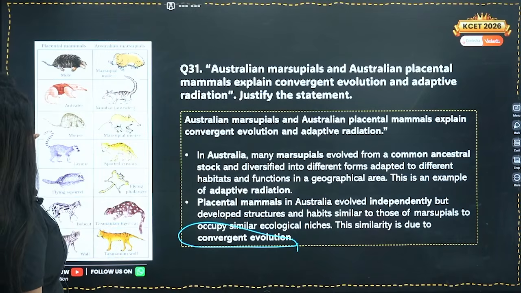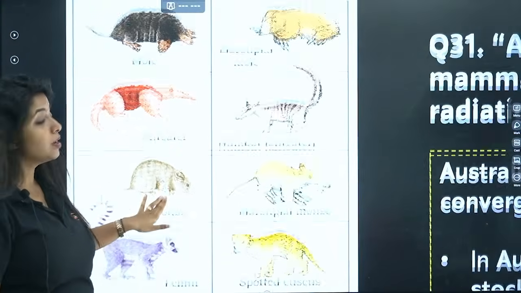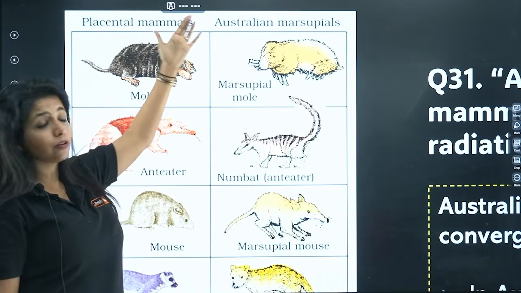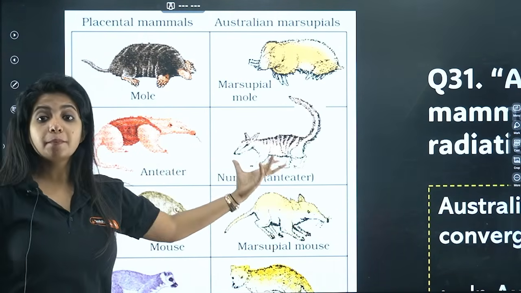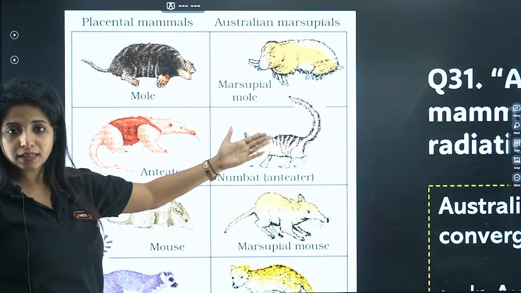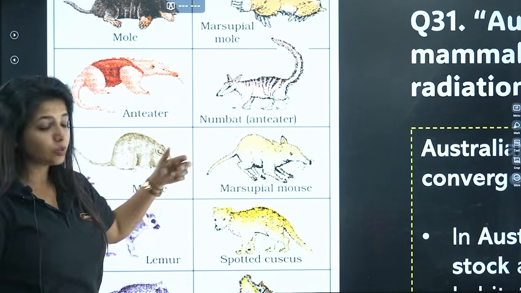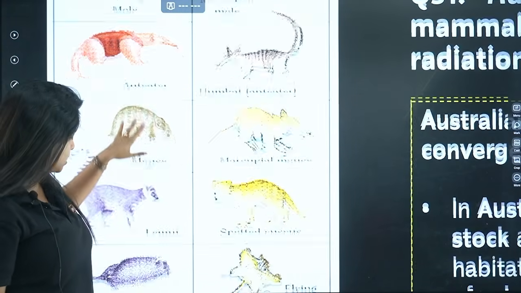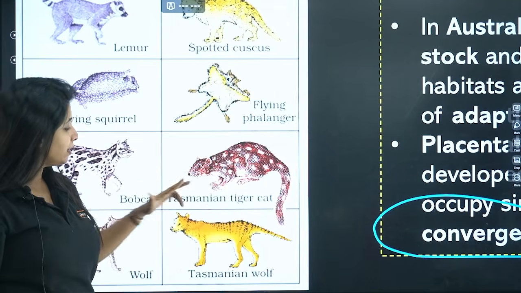The example is given right over here. They have made a list and this list is super important. In the other model question paper, we solved the question also. Mole is there from the placental mammal side, and on the Australian marsupial side you have marsupial mole. Anteater is there, and you have numbat, which is another type of anteater from that side. For all of these, the structural similarity is quite the same. Mouse, marsupial mouse is there. Lemur, spotted cuscus is there. Flying squirrel, flying phalanger is there. Bobcat, Tasmanian tiger cat is there.